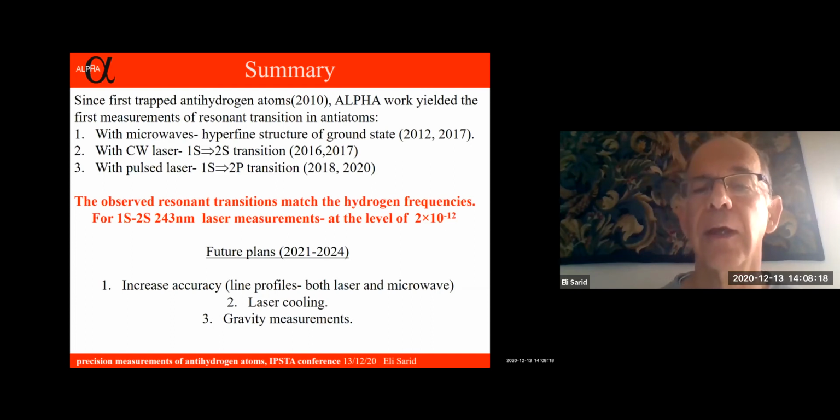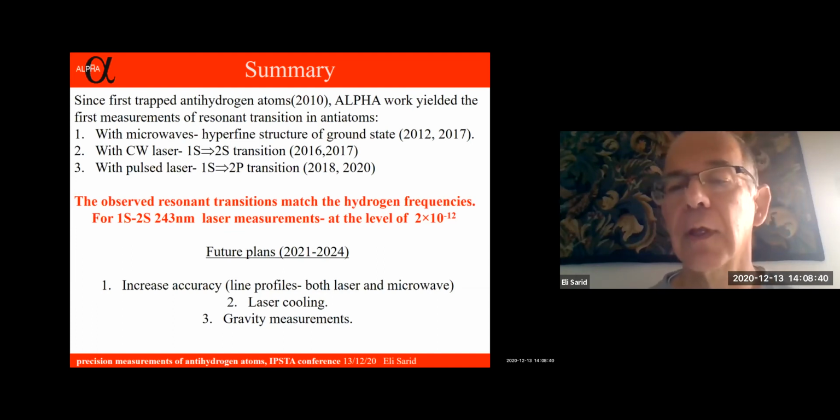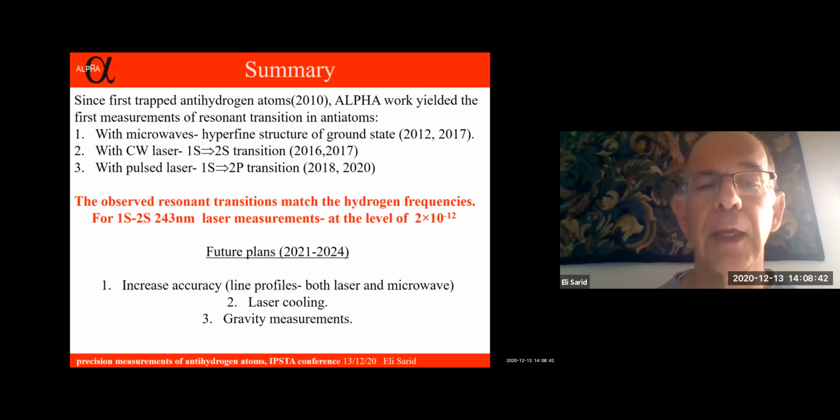So to summarize, since we first trapped the antihydrogen atoms about 10 years ago, the work of ALPHA succeeded in yielding the first measurements of resonant transitions in anti-atoms. Actually, the only measurements by any group in the world for this. And we've done it in 3 modes: with microwave, probing the hyperfine structure of the ground state, 2012, and then improvement in 2017.